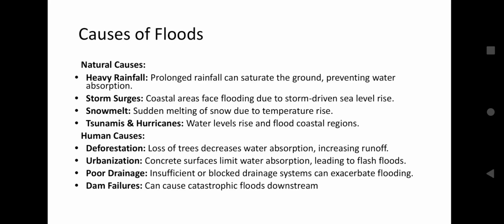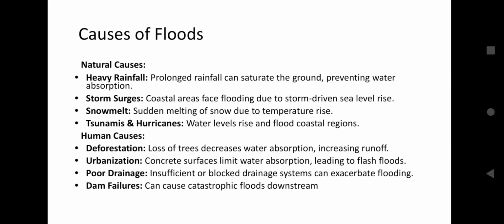Due to storm surges, areas near the coast are affected. The coastal area faces flooding due to heavy storms and rise of the sea level. High tides are there. And snow melt: nowadays we are hearing about global warming, the Antarctic and Arctic Ocean are melting, and the sea level is increasing.